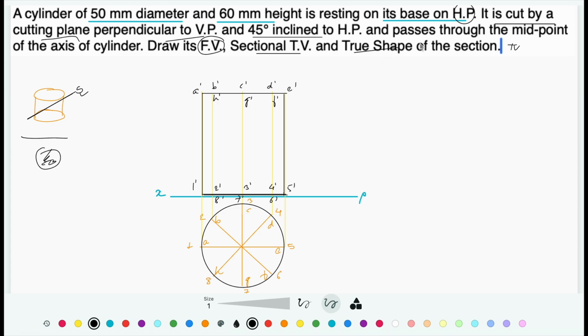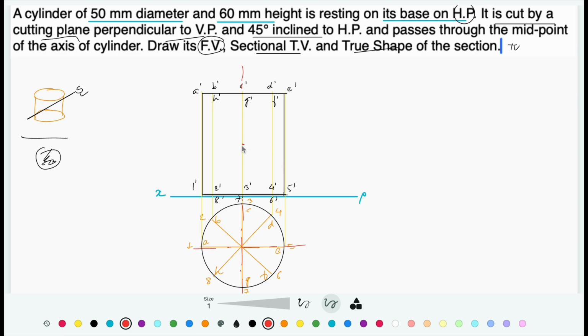So what is the condition? It is cut by a cutting plane perpendicular to VP, 45 degree inclined to HP, and passes through the midpoint of the axis. So what is the axis? It is going to be overlapped with this central line or the generator at the center.